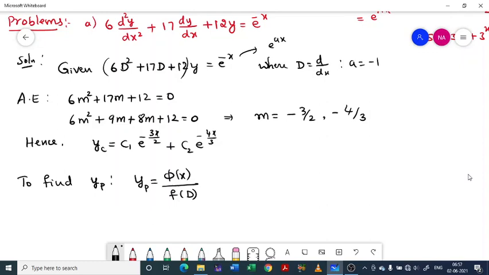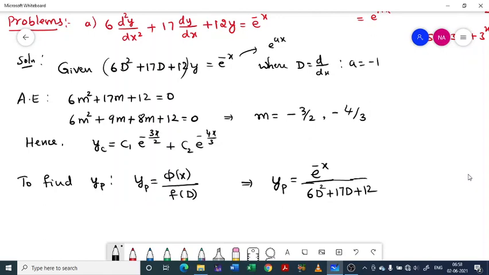To find yp: yp equal to phi of x by f of D. That implies, looking into the given problem, yp is phi of x, meaning e power minus x, divided by f of D, meaning 6D square plus 17D plus 12.